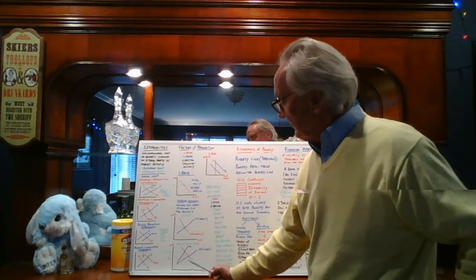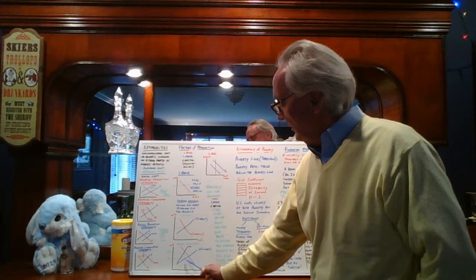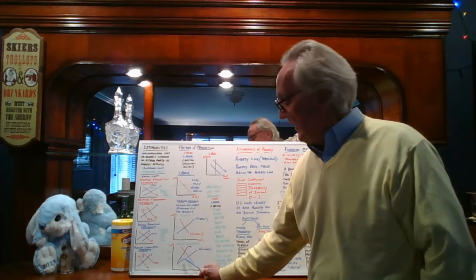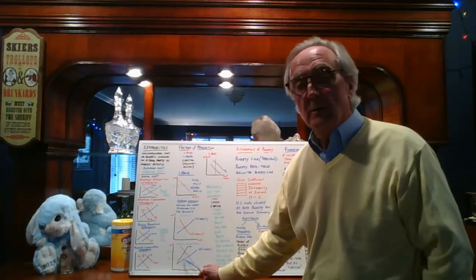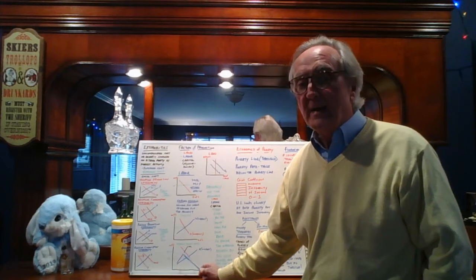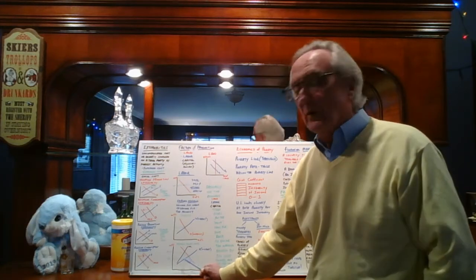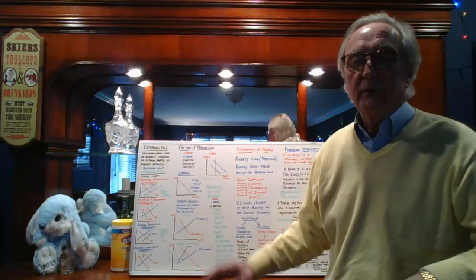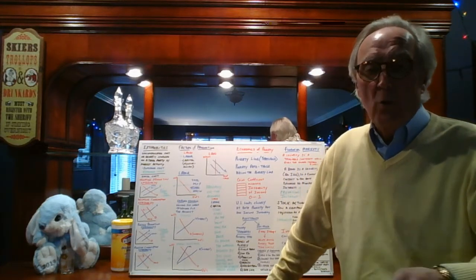Here, they bring the price down to the supply curve, and they cut back on the amount, just like a monopolist will cut back on the quantity. Monopsonists will cut back on the quantity of labor, and instead of a higher price, they want a lower price.